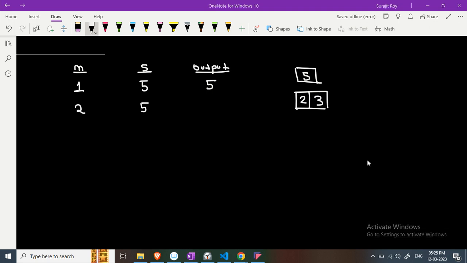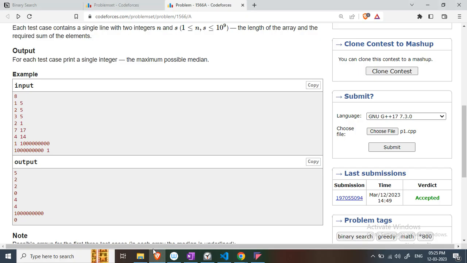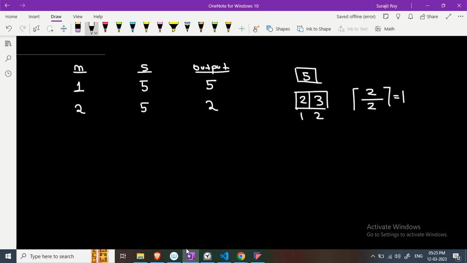So what will my median be? The number of elements is 2, we divide it by 2 and take the ceiling, that is 1. So that is the position, and we take one-based indexing. So my median will be 2.